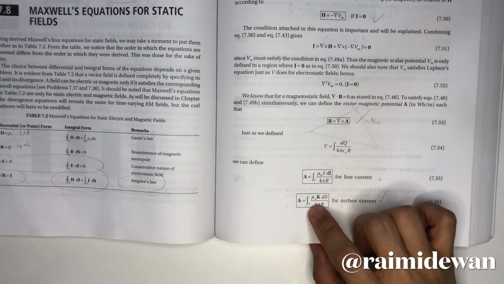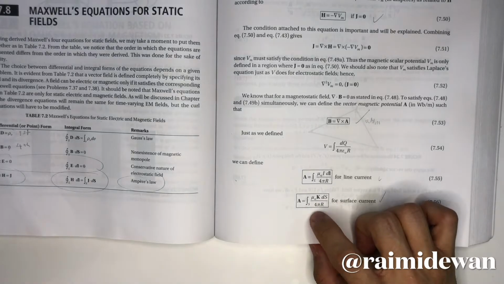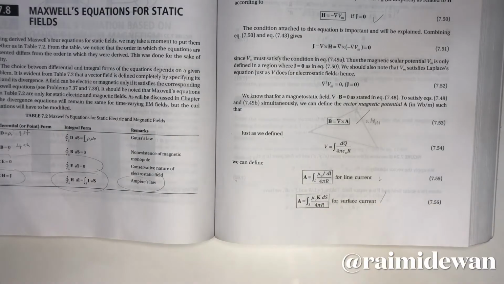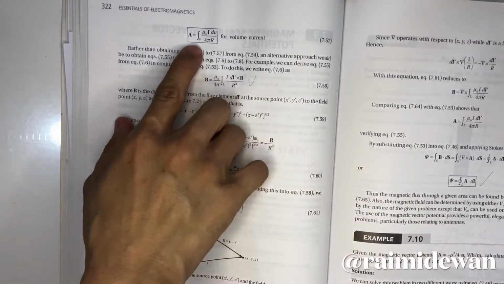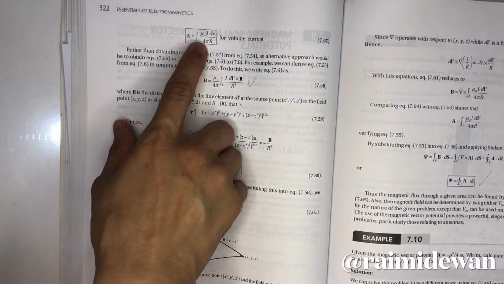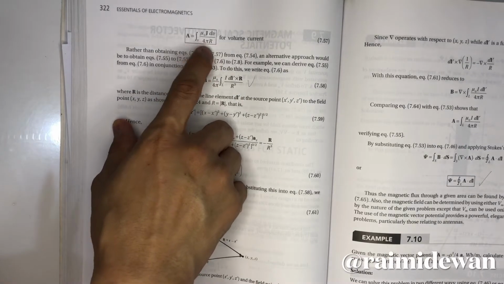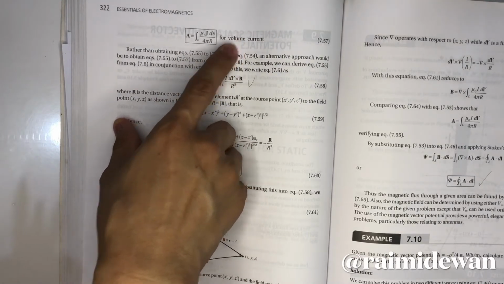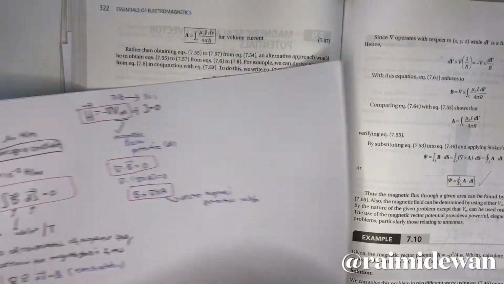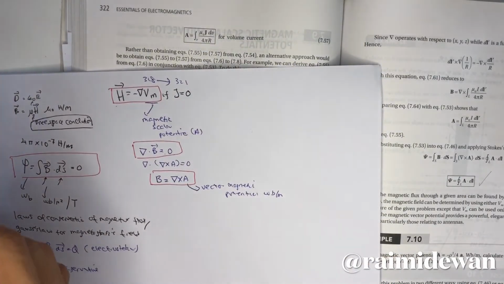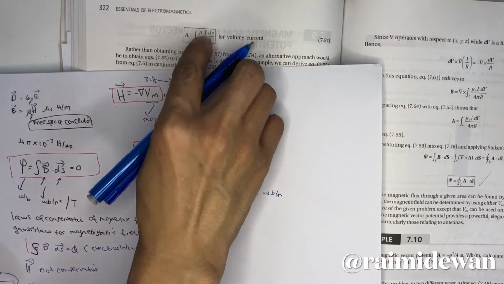A equals mu naught K dS over 4 pi r for surface current. And A equals mu naught J dV over 4 pi r for volume current. So you can have different sources. You can see the equations later on, to help you.